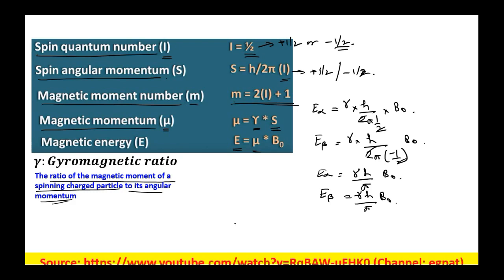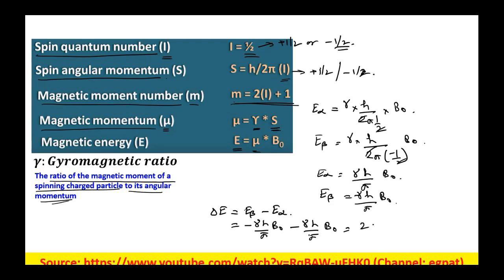So what we have, delta E, is given by E beta minus E alpha. E beta is minus gamma h by pi B naught, minus gamma h by pi into B naught.